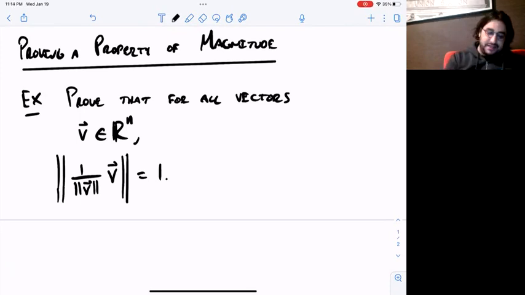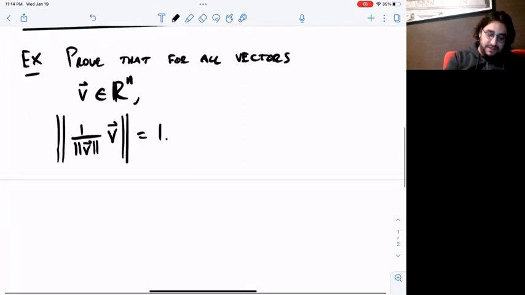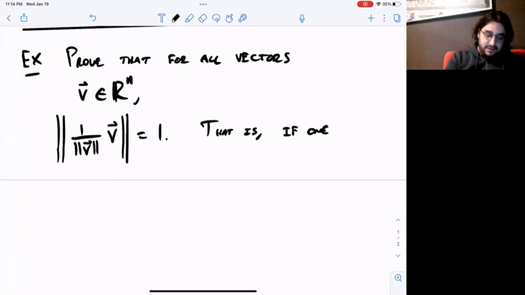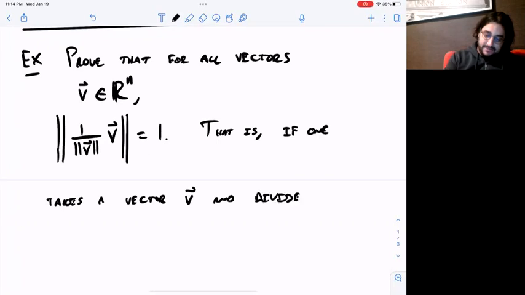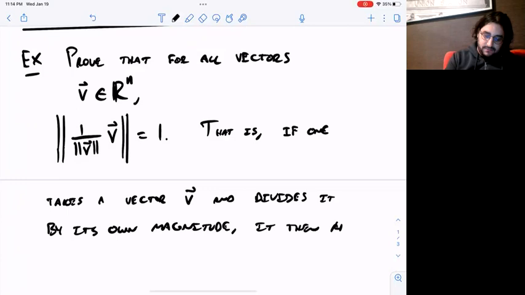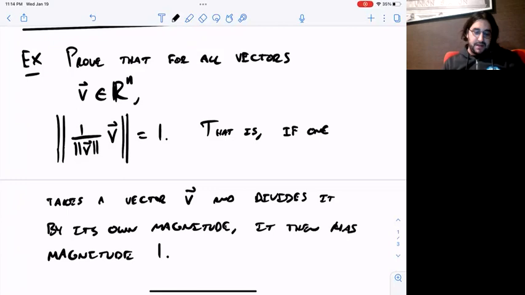So this would be a way to say it in words, a little more informally: if one takes a vector v and divides it by its own magnitude, it then has magnitude 1. That's the claim here.